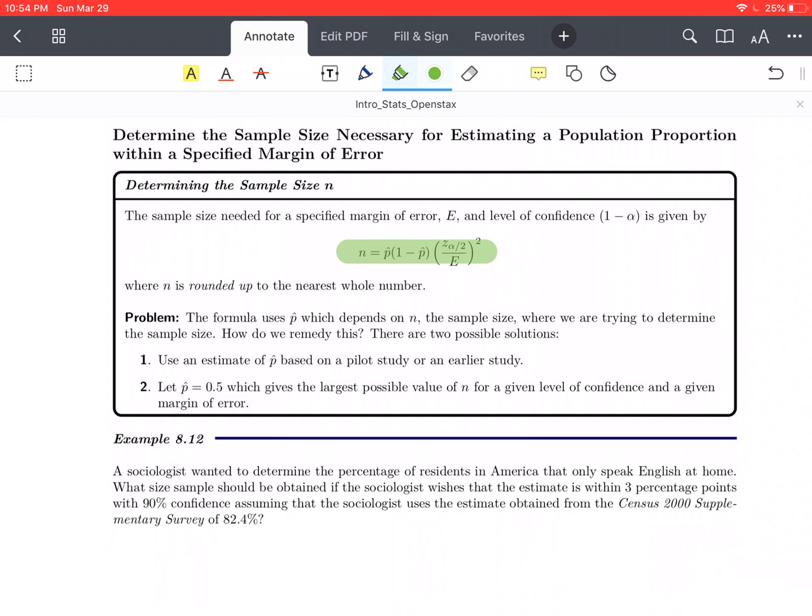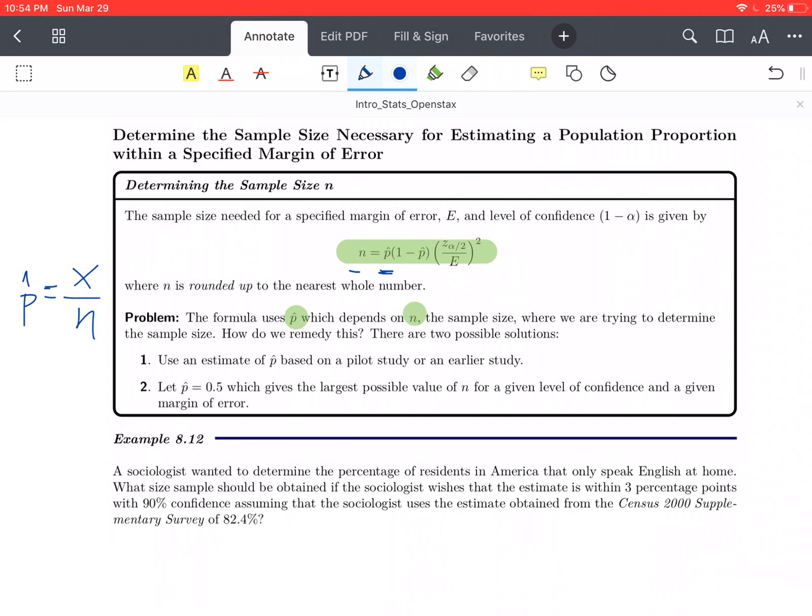There's just one extra little caveat here, because in order to find the value for p-hat, we need to know what n is, right? Because remember, our formula for p-hat is x over n. So how in the world am I supposed to find n using p-hat if I need n to figure out what p-hat is in the first place?